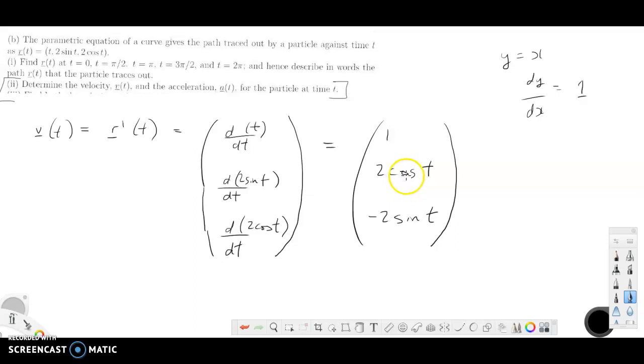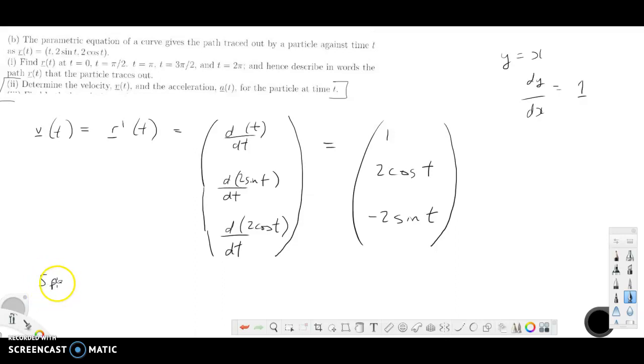Now, if we want to get the magnitude of the velocity, that is equal to the speed.